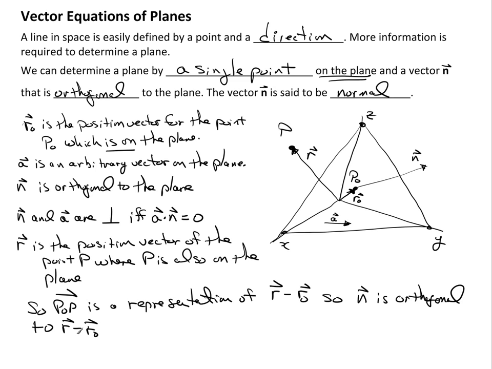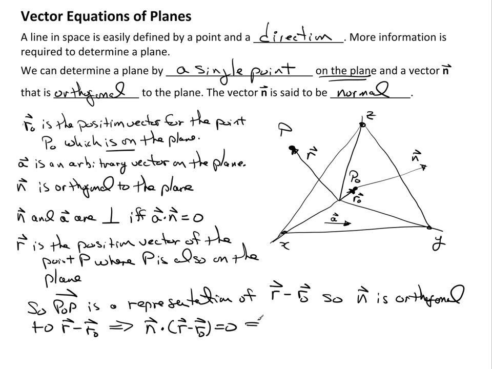It's going to end up in another vector. So this is a vector. That would then imply that n dot (r minus r naught) must also be equal to 0 because they're orthogonal.